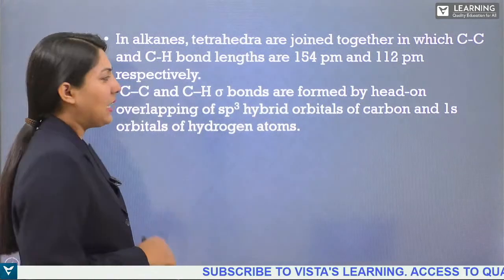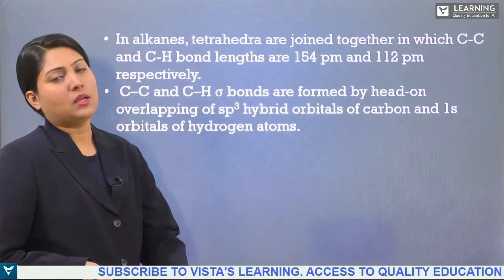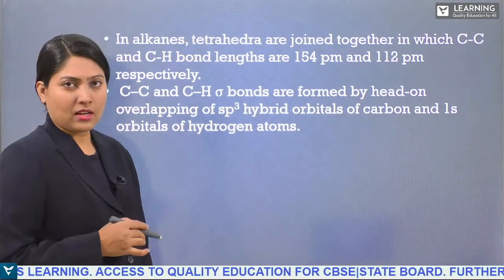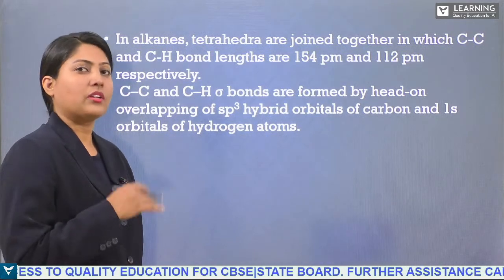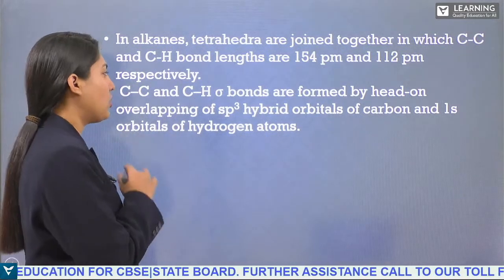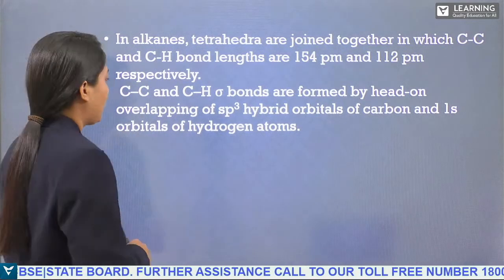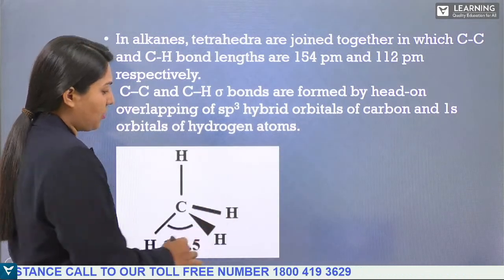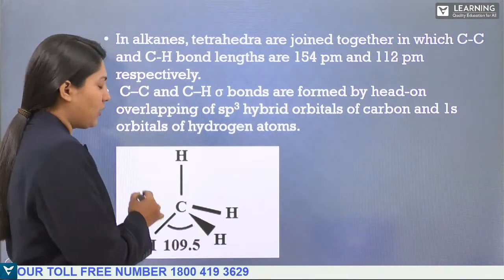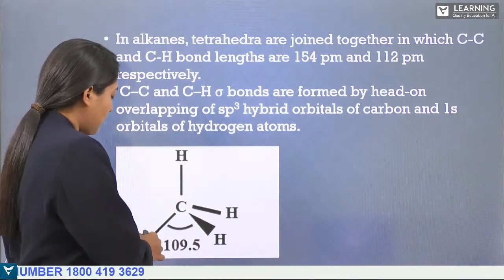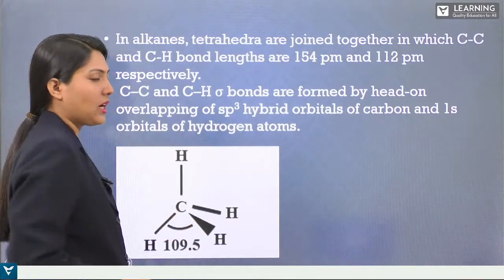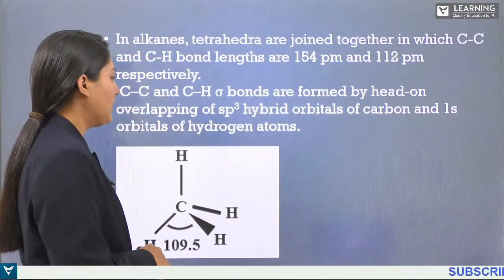Why? Because it will be linked to 4 different atoms or 4 different bonds, either hydrogen or carbon atoms. You can see here the tetrahedral structure of methane, where the angle between the hydrogen, carbon and the other hydrogen will be 109.5 degrees.